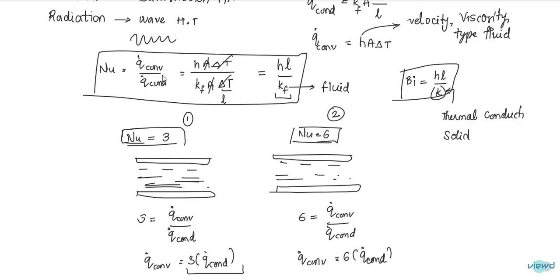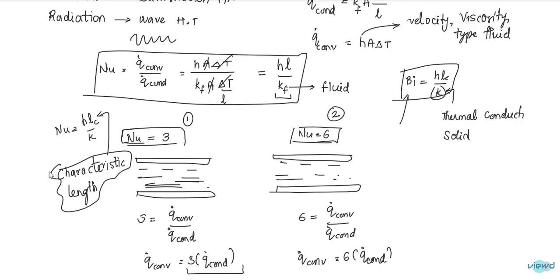This is the difference between the Nusselt number and the Biot number. We will see about the Biot number in a separate class. Also here Nusselt number is equal to H Lc by K, and Biot number is also H Lc by K. This Lc is the characteristic length. We will see about characteristic length and the Biot number in another video.